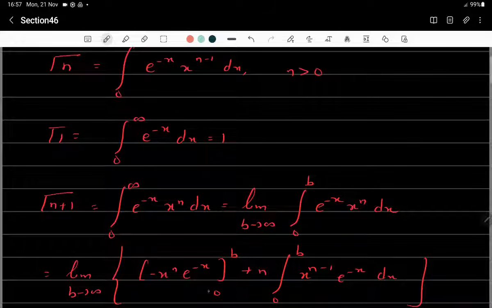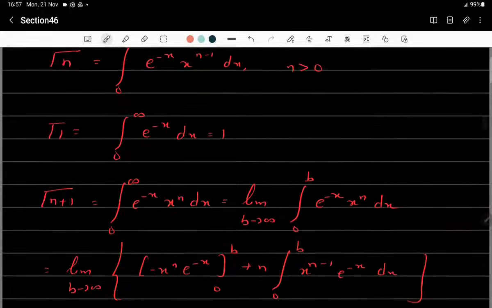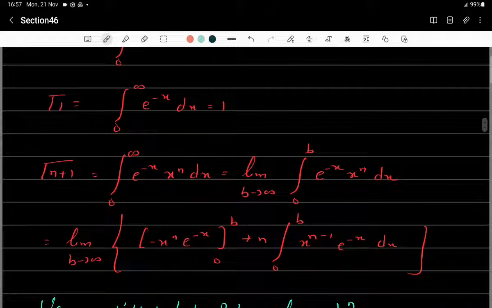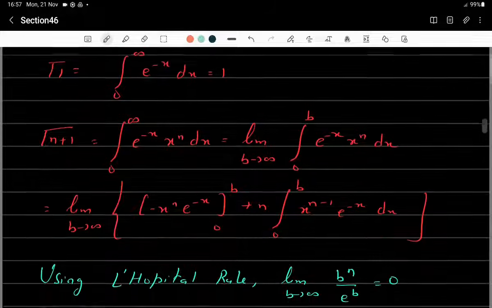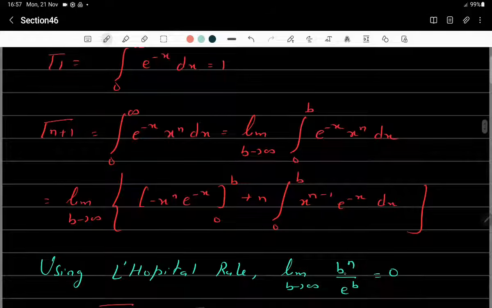Now in the first term, when you put limit x equal to 0, it is 0. I just have to see what will happen when I put x equal to b. Please find it by yourself also. When you put x equal to b, it becomes b raised to the power n by e raised to the power b. Now from here you are getting an infinity by infinity form. So to apply L'Hopital's rule, you keep differentiating and keep applying the limit.